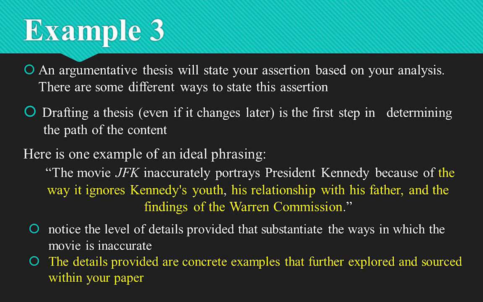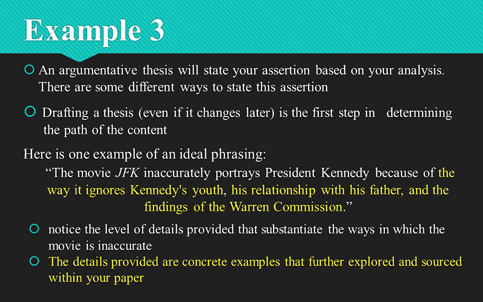Here's an example of a well-phrased argumentative thesis statement. The movie JFK inaccurately portrays President Kennedy because of the way it ignores Kennedy's youth, his relationship with his father, and the findings of the Warren Commission.